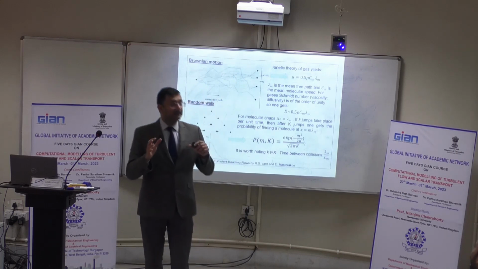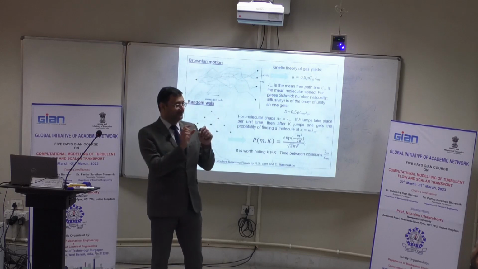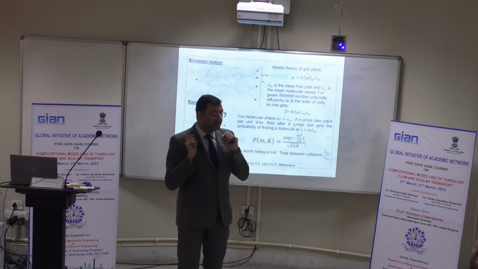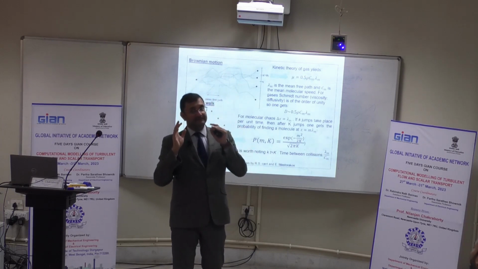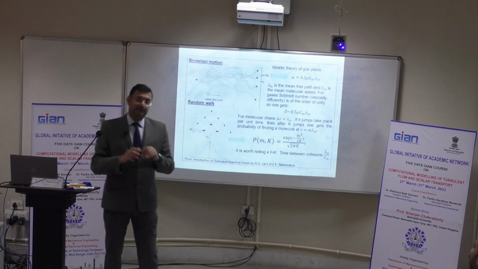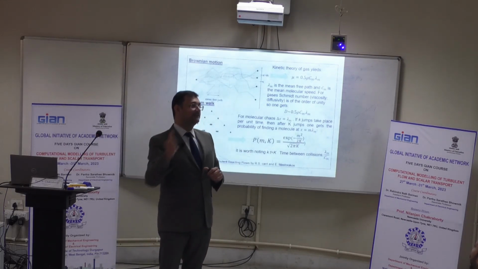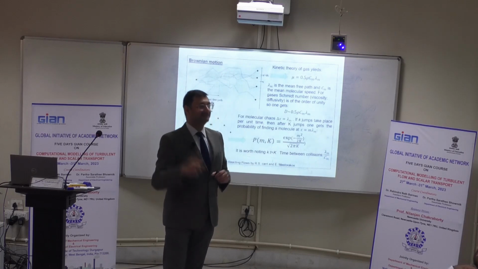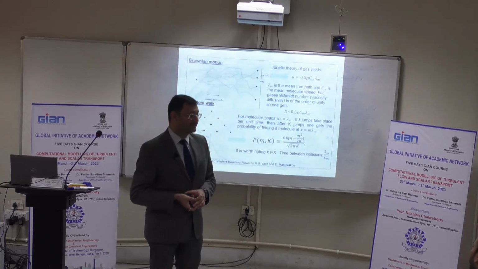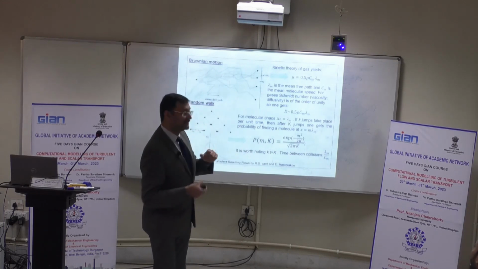That's basically your gradient square, because mixing layer thickness varies as the square root of Dt. So if your concentration gradient square varies as 1 over Dt, multiplying with diffusivity, the ultimate result is not a function of diffusivity, because diffusivity has been cancelled. It varies as 1 over that.